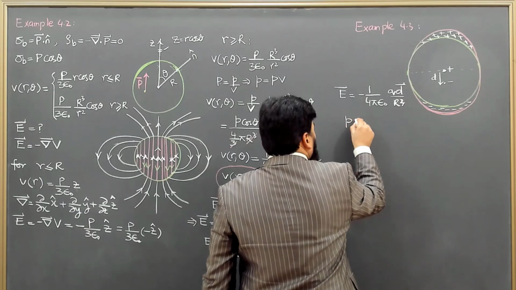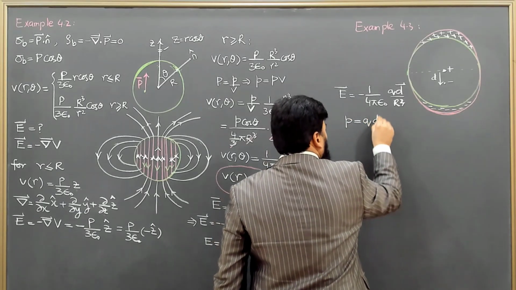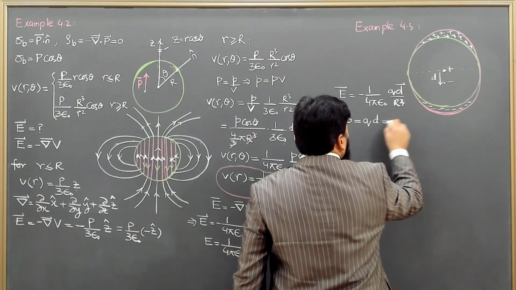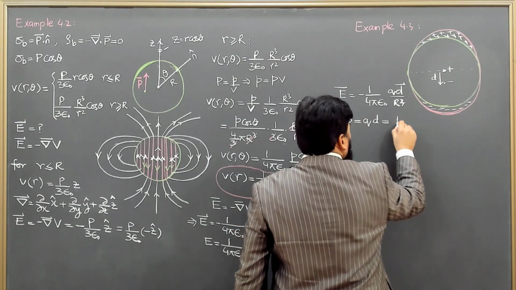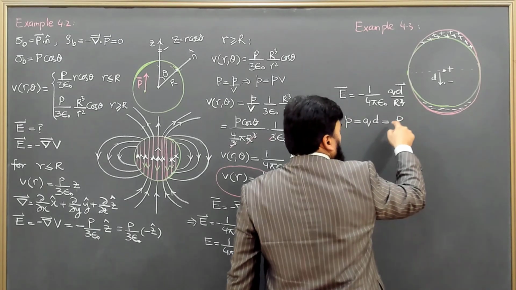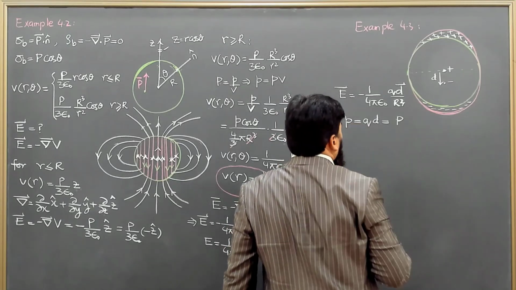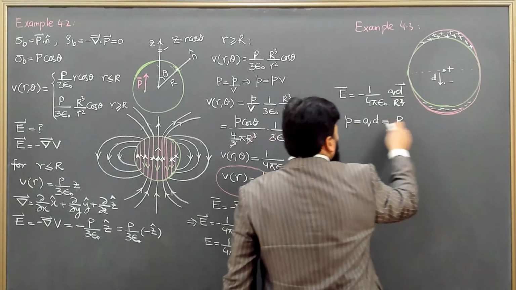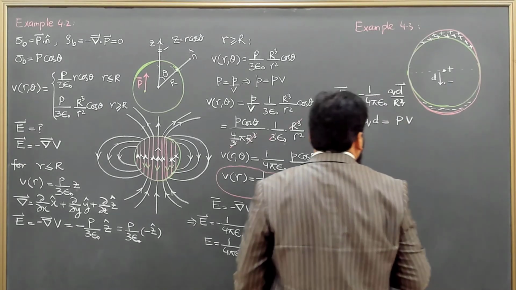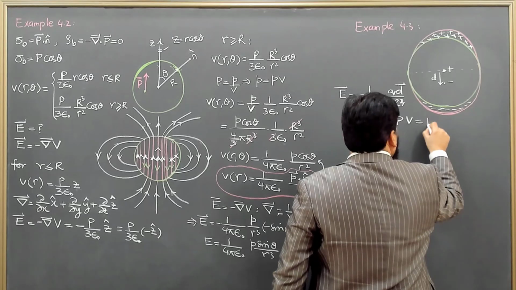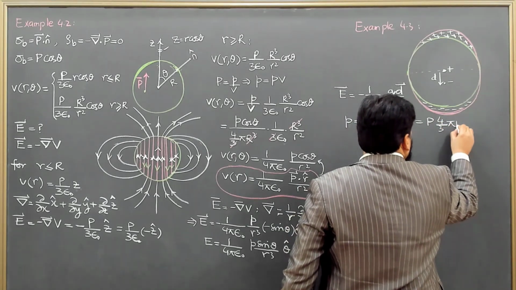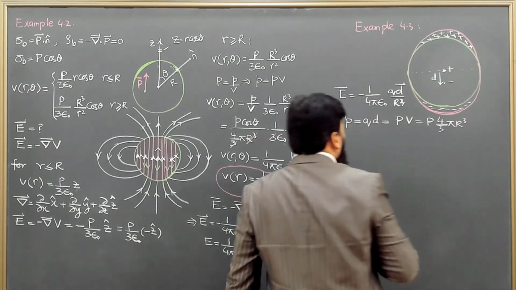P is equal to q times d, and this p is the dipole moment. We define polarization as p over a volume, so that volume is 4 by 3 pi r cubed of the sphere.